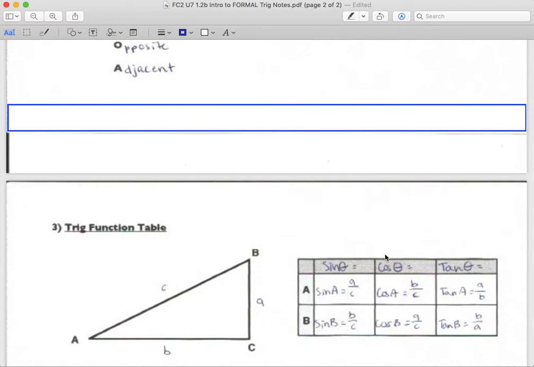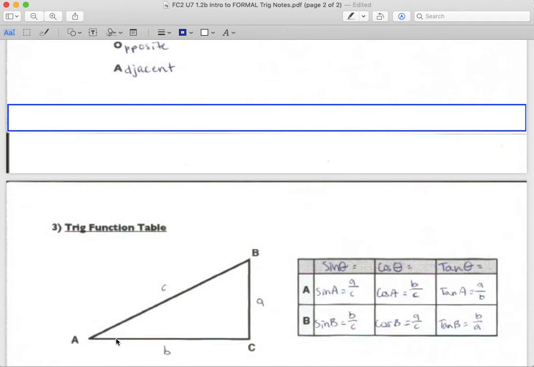Moving on to cosine. Cosine of theta equals blank. Well, when theta is A, cosine of A is adjacent divided by hypotenuse. Well, A is opposite, and so that must mean that B is my adjacent because C is my hypotenuse.